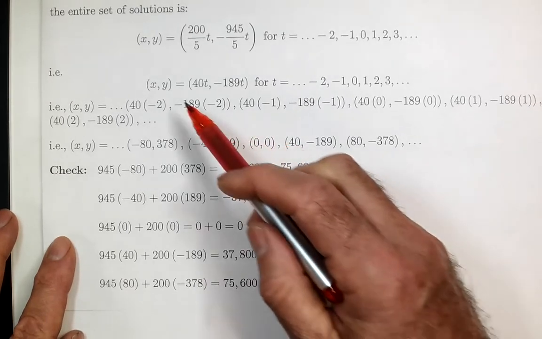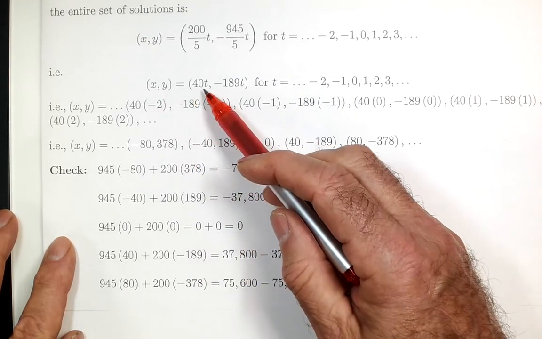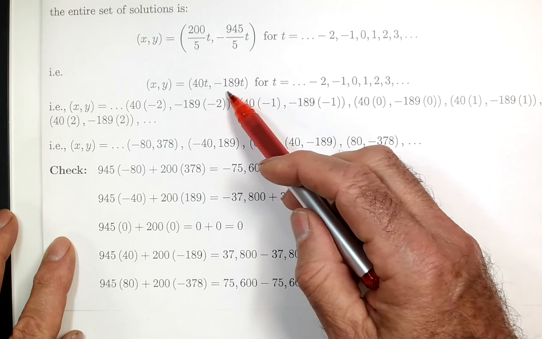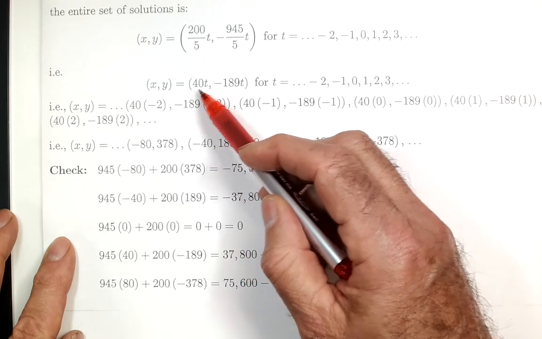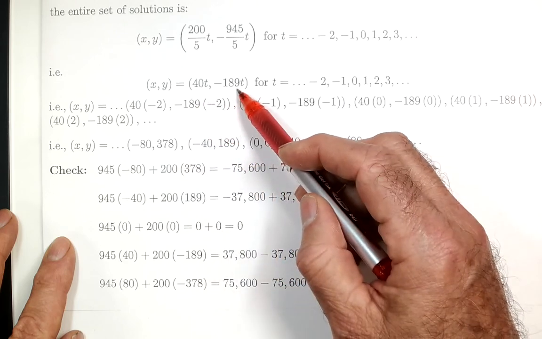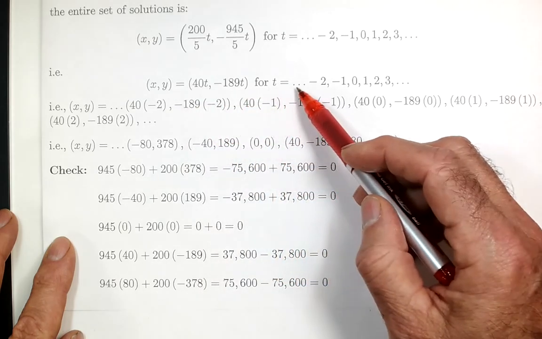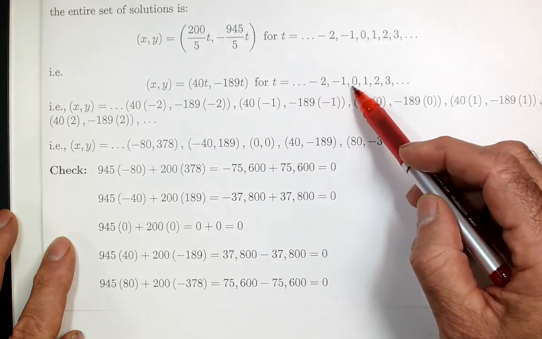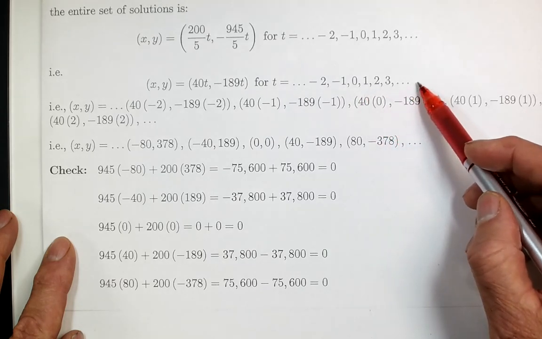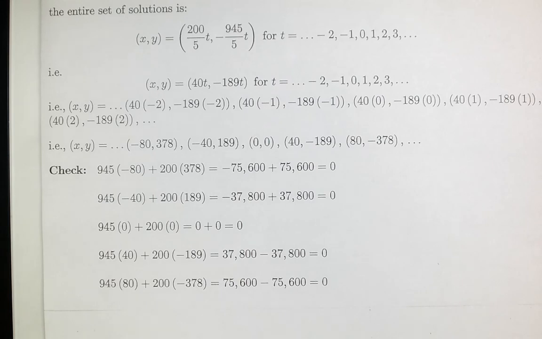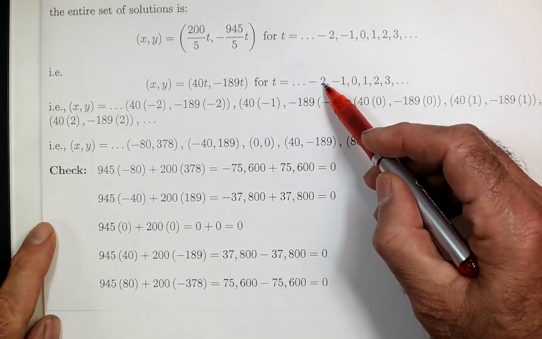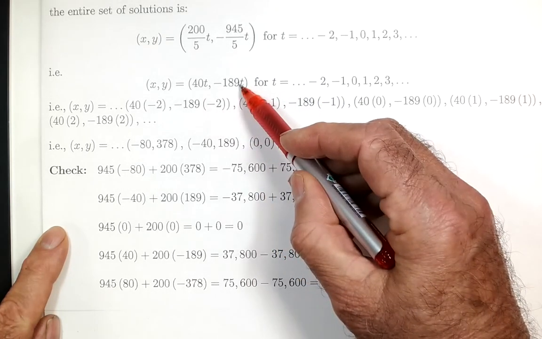Simplifying, (x, y) = (40t, -189t), or maybe I should say x = 40t, y = -189t, for t equals negative 2, negative 1, 0, 1, 2, 3, 4, 5, 6, off into the sunset. That generates all of the solutions to the complementary equation. So let's say we take negative 2 and plug it in for t.